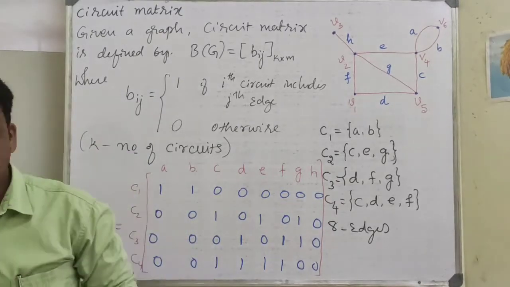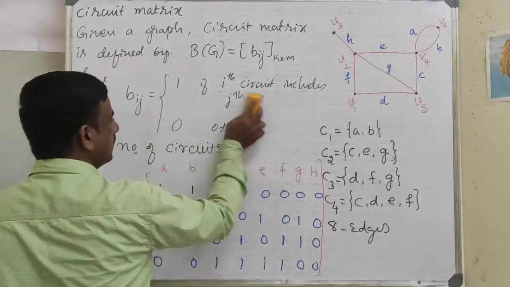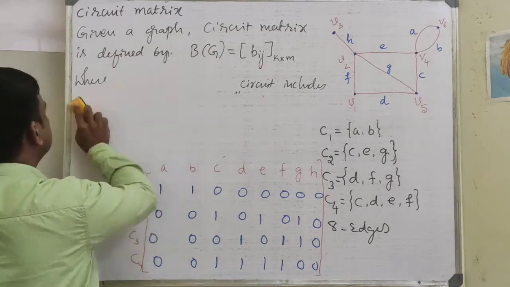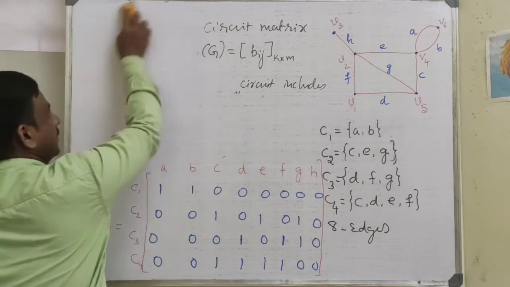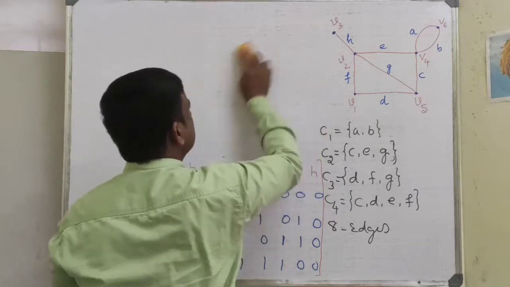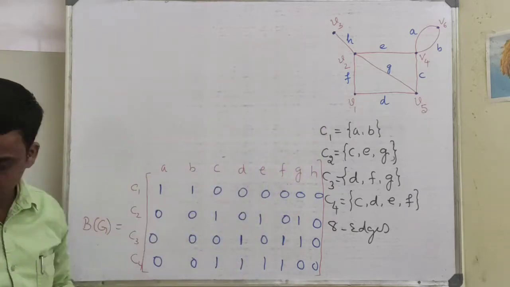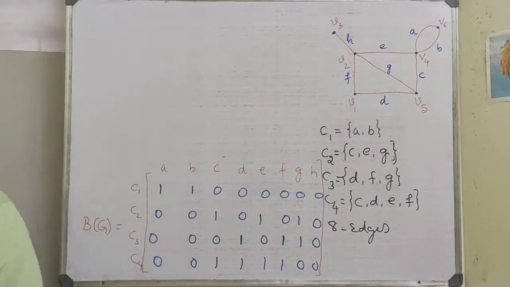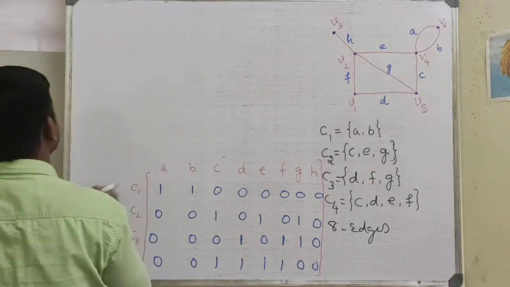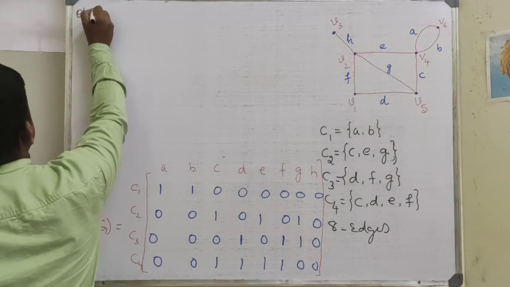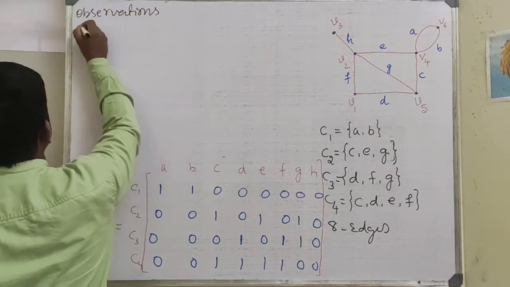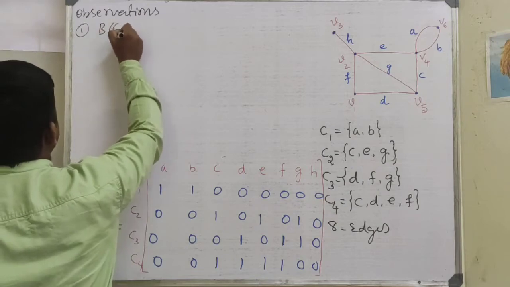Now let us have some observations on the circuit matrix of the graph. Look into the entries of the circuit matrix. Observation number 1: B of G is a binary matrix, so entries are only zeros and ones.